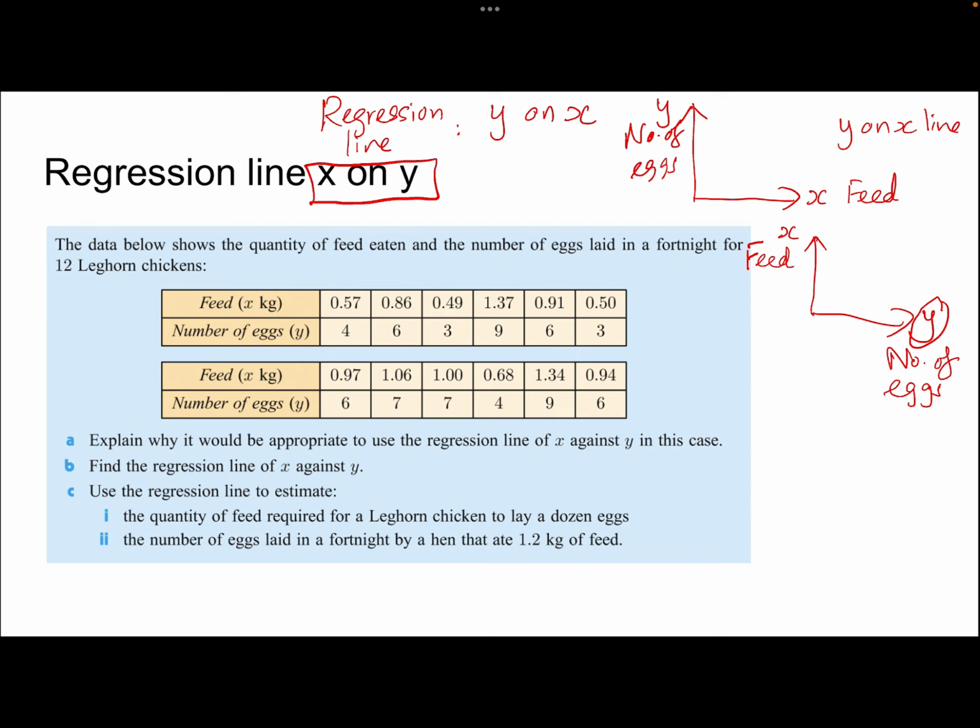If you have an x value which is a whole number, or a discrete number in this case, then it's probably going to be much easier for us to quantify the amount of feed as well.